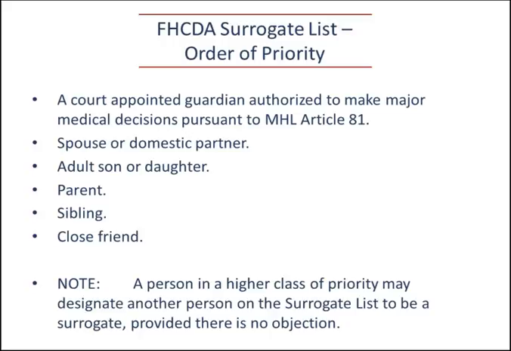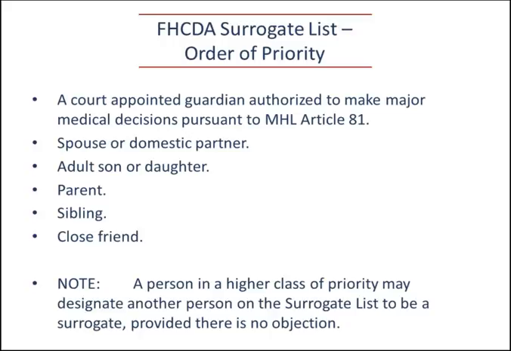Sometimes, particularly if it's a case that involved adult protective services, and if an agency was appointed, sometimes the guardian is directed to encourage a patient to comply with treatment, assist the patient in making appointments. That's not the same thing as having the authority to make major medical decisions.